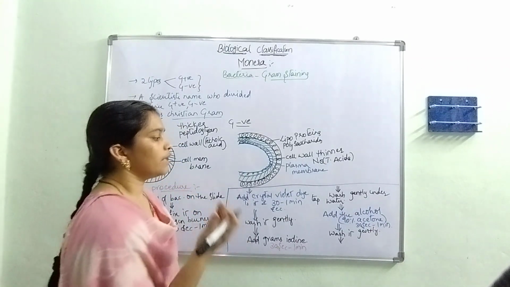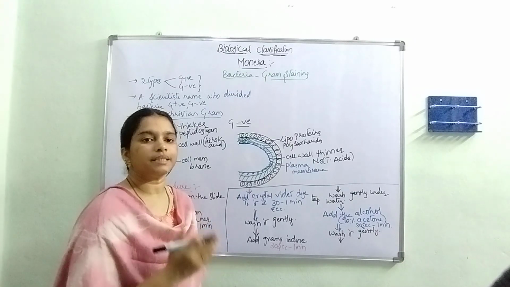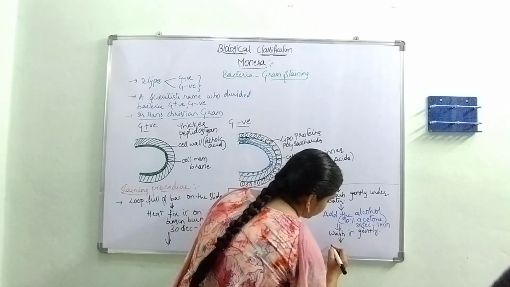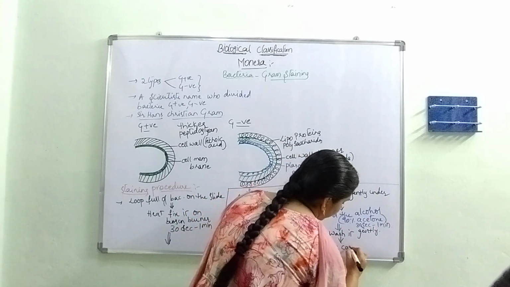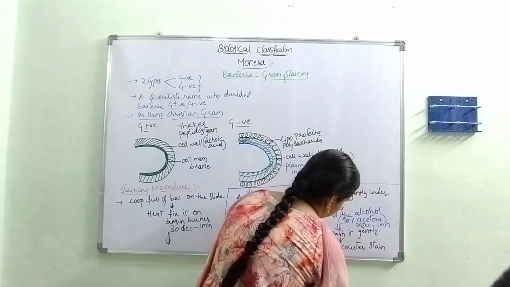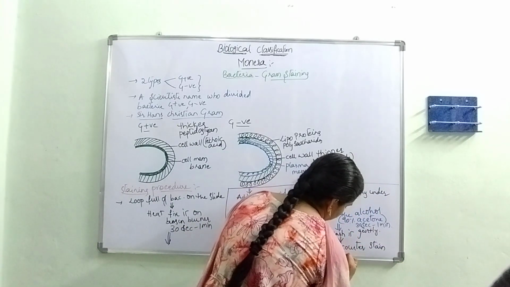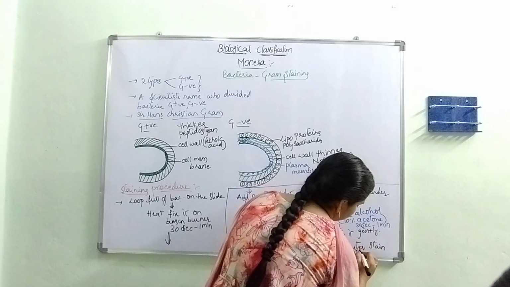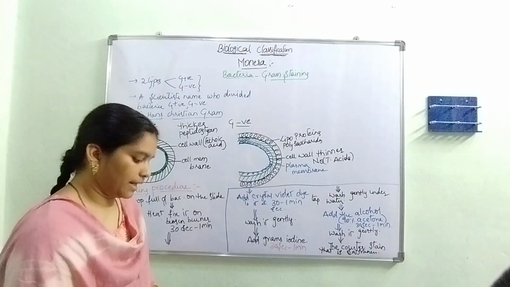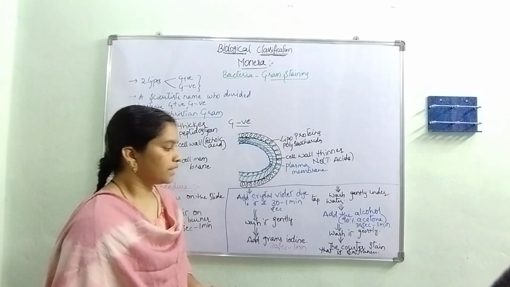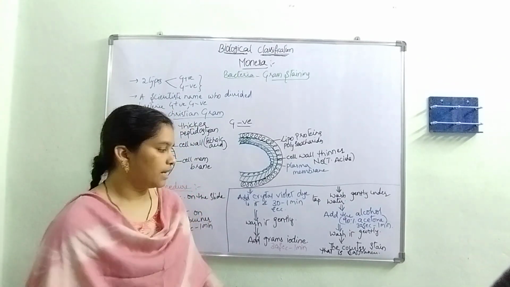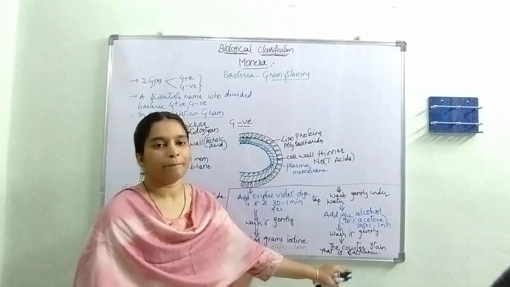If you want to color the gram negative ones, use the counterstain safranin, which is pink in color. Now the gram negative bacteria also take up the pink dye.